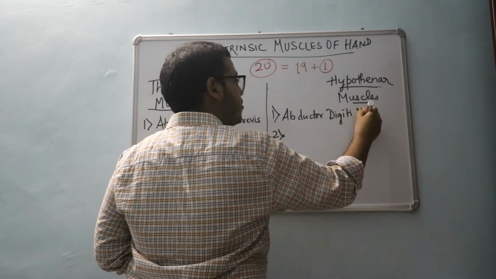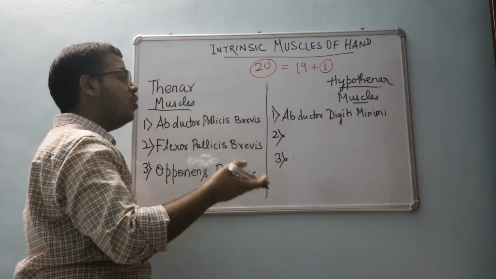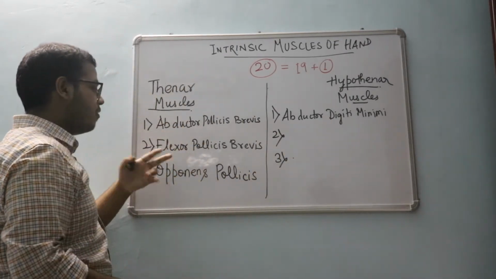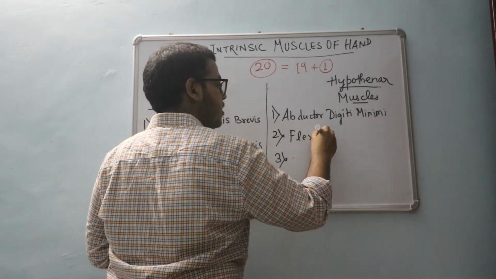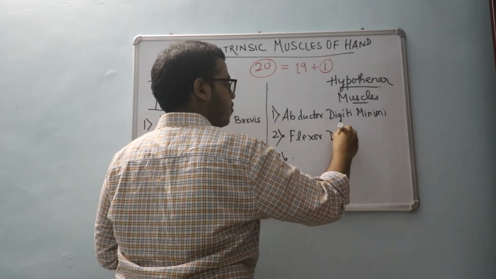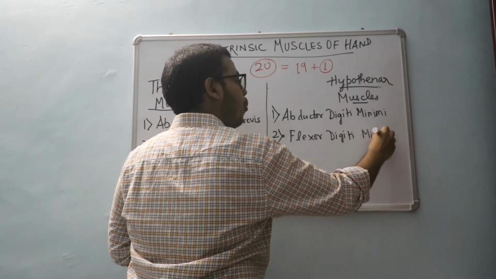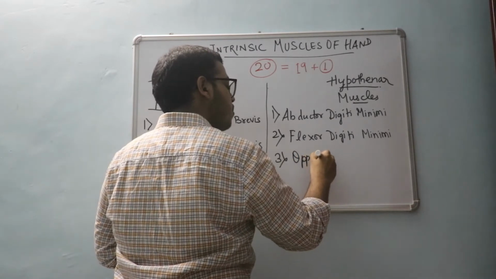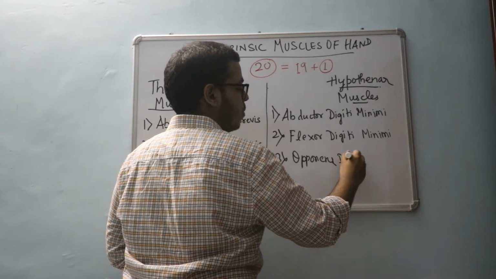We don't say abductor digiti minimi brevis because there is no such thing as abductor digiti minimi longus. There is only one abductor digiti minimi. Similarly, flexor digiti minimi and opponens digiti minimi.